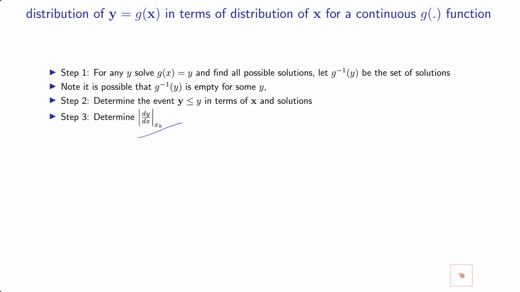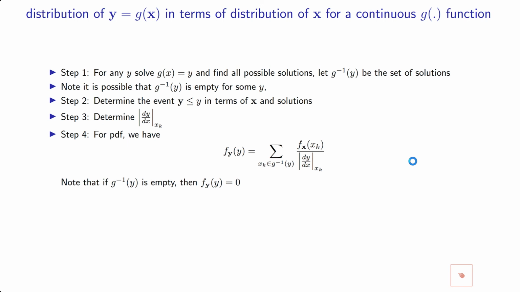Third step is to find the derivative of y with respect to x and replace it with the solution. Remember that the set of values here is g inverse of y. Let's say you have x1, x2, etc. You write these in terms of y. So x1 itself is a function of y, x2 is another function of y, etc. And then we substitute it in this magic equation.